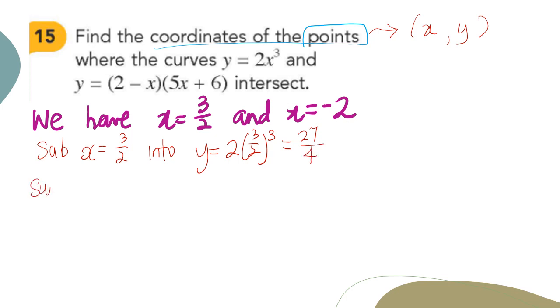Likewise, substitute x equals to negative 2 into your cubic curve.